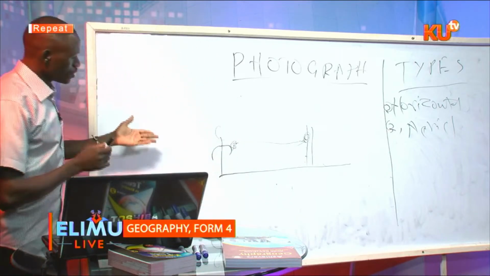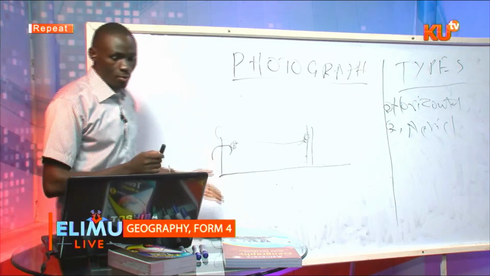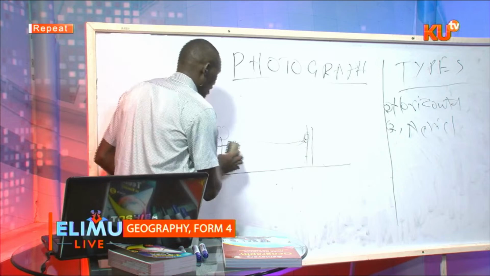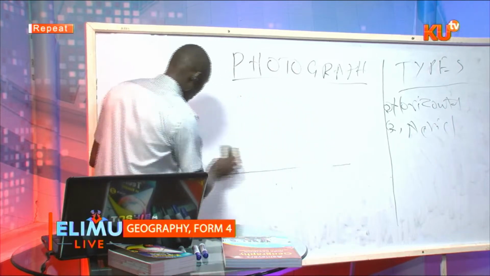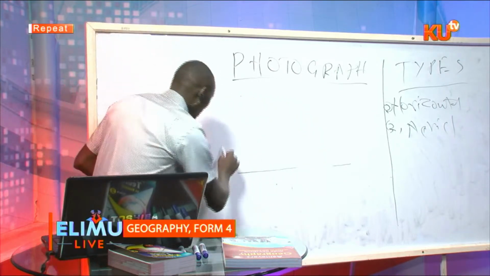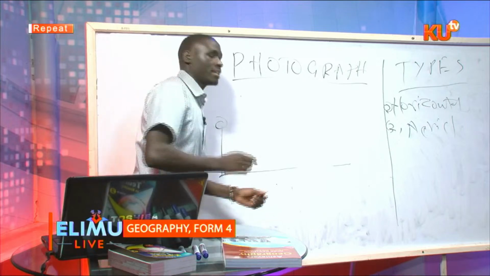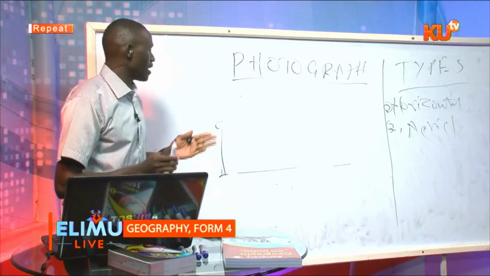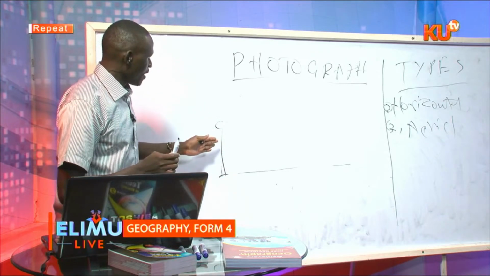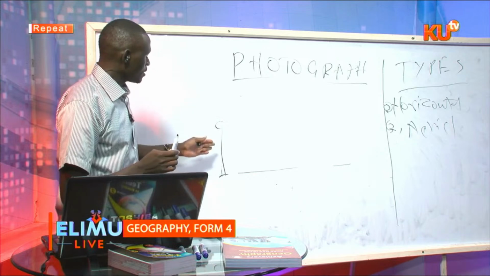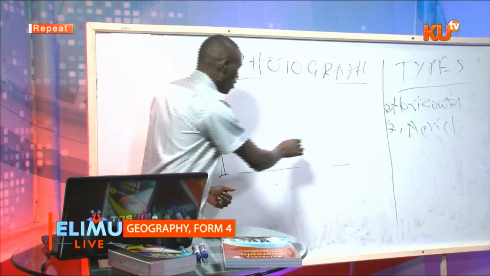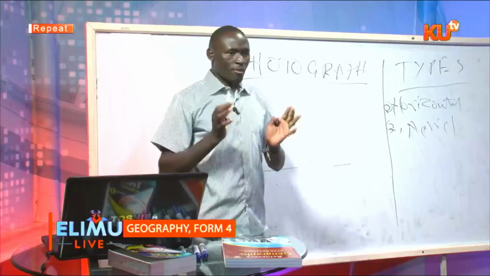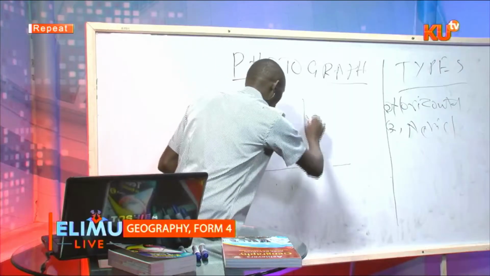Then it also has another level, which is the ground obliques. Now this is an interesting one. We've already defined that when you're dealing with horizontal photographs, the camera person is at the same level with the object. Now, the object that is focused on still lies on the ground.